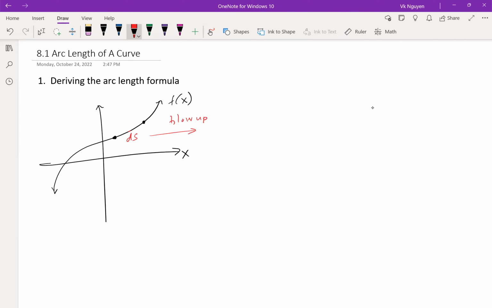So if we blow it up, then we would have something like this, approximately. And we can approximate this ds by sketching out a right triangle.